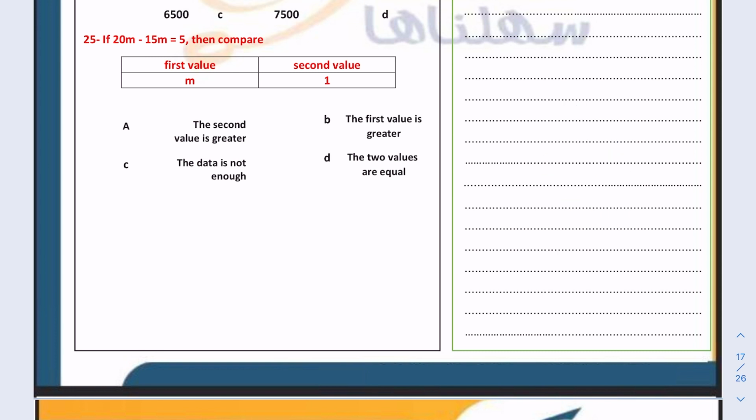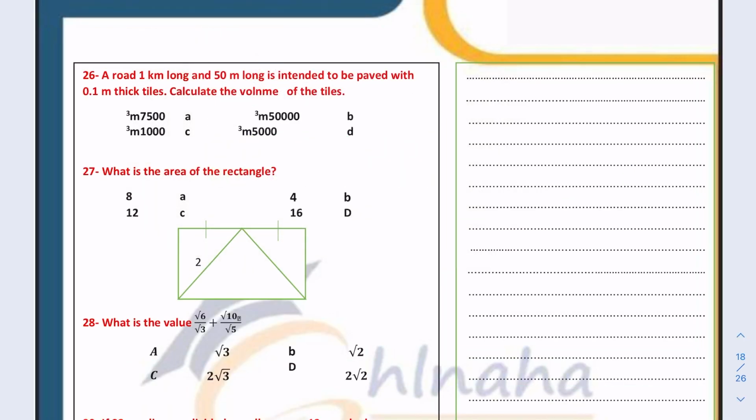Let's take the next one. A road is 1 kilometer long and 50 meters wide. To be paved with 0.1 thin tiles, calculate the volume of the tiles. How many tiles do we need? Okay.